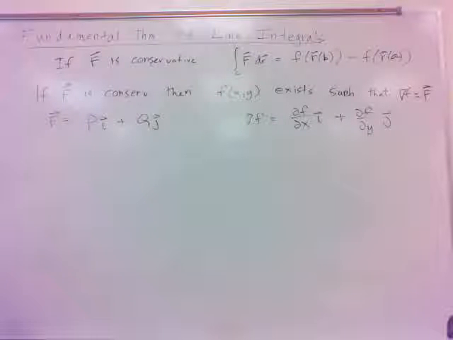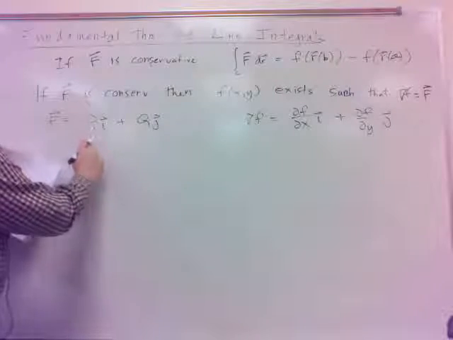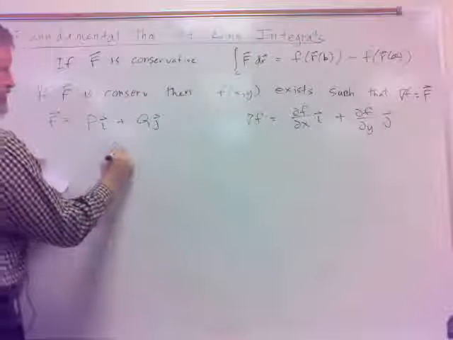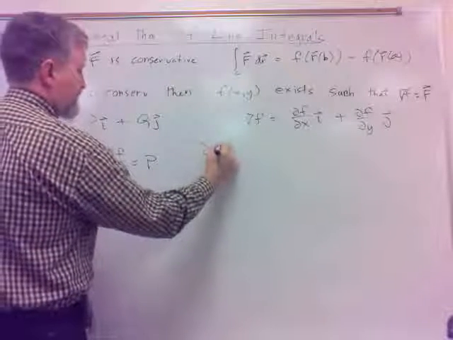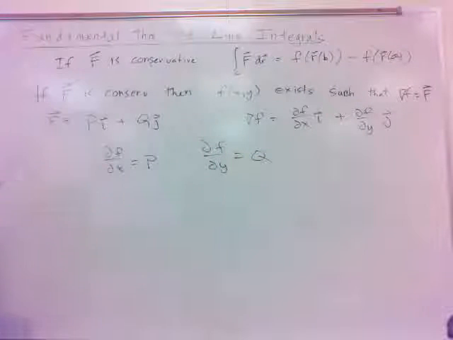And so we can put 2 and 2 together here. If that's the case, we know these two are equal, then wouldn't it say that the partial of f with respect to x must equal P, and the partial of f with respect to y must equal our Q.